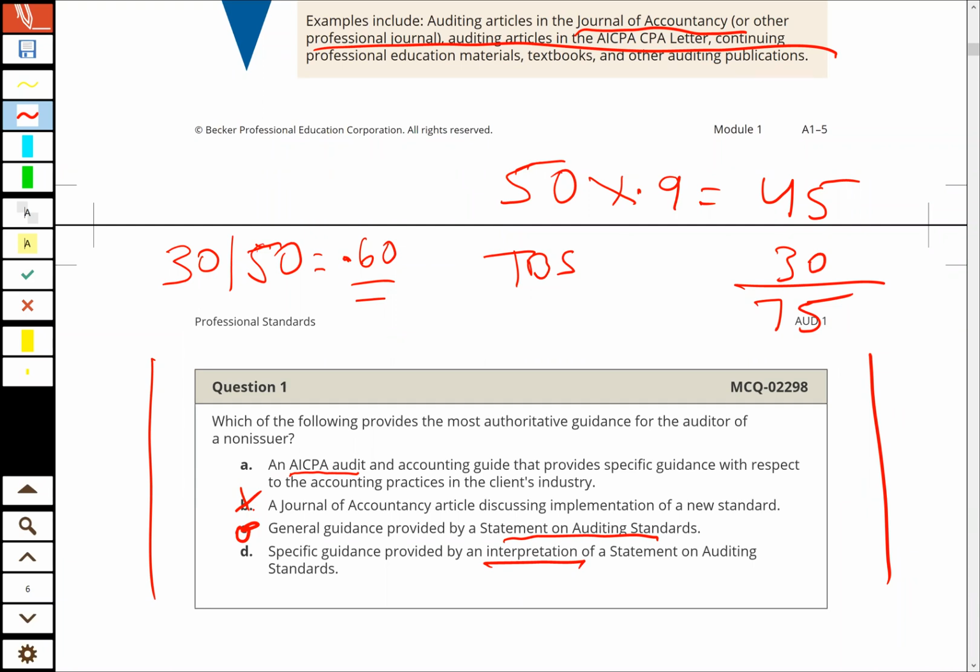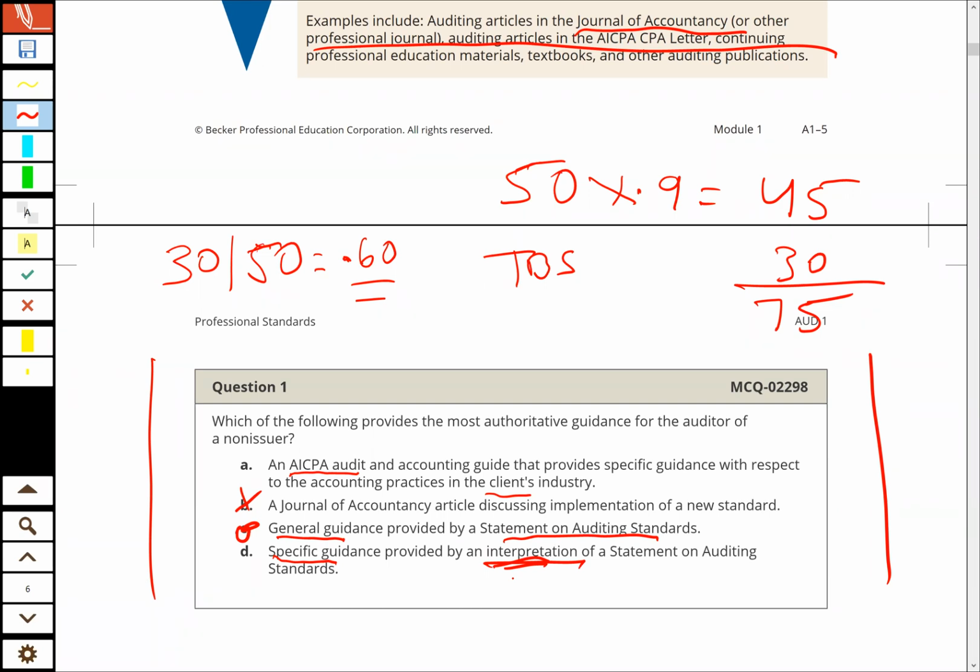Oh yeah, that's right, SASs are more authoritative than industry guidance, that kind of thing. And then you look and they say specific guidance, and notice what they do to you there. They make that sound more important by using the word specific versus general, but then when you read, it's an interpretation, not the standard itself. So that's how we're going to have to attack these questions.